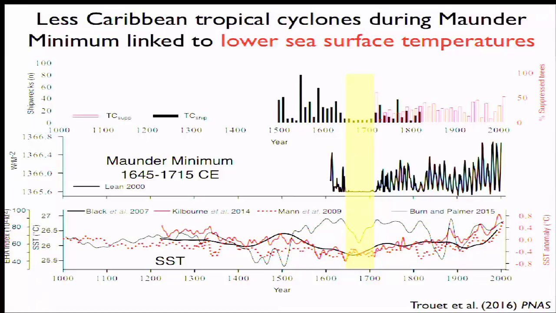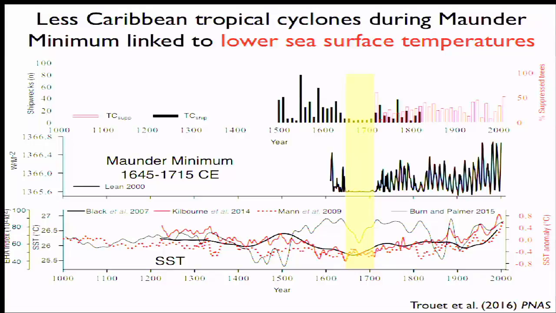So this now is a proxy of the amount of sun that reached the Earth's surface back to the year, I think, 1600. And so you can see that this reduction in amount of shipwrecks, and so assumedly the amount of hurricanes, corresponds in time to this reduction in the amount of the energy from the sun.